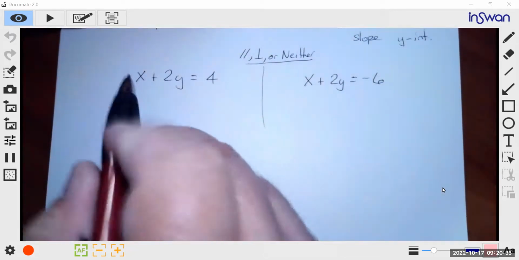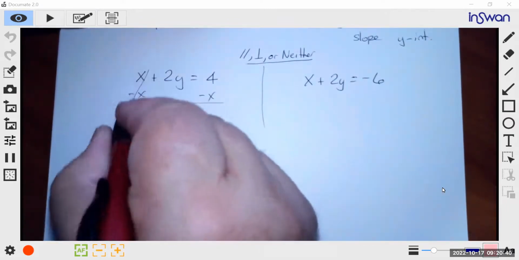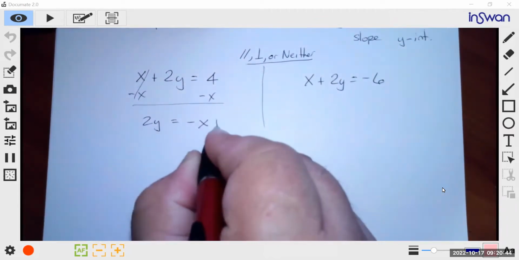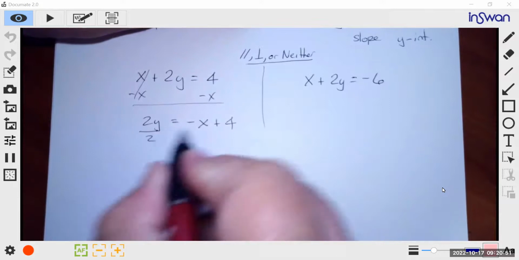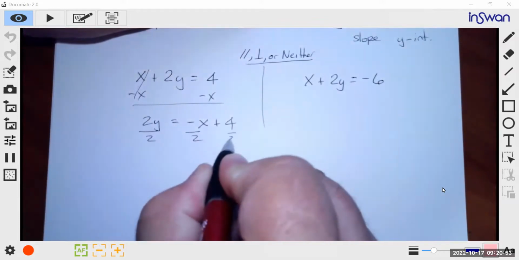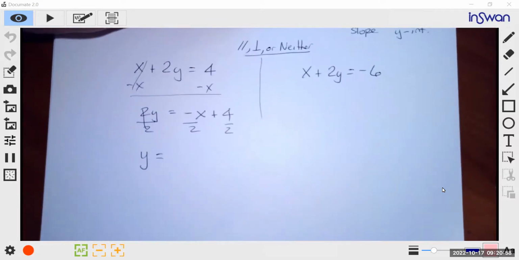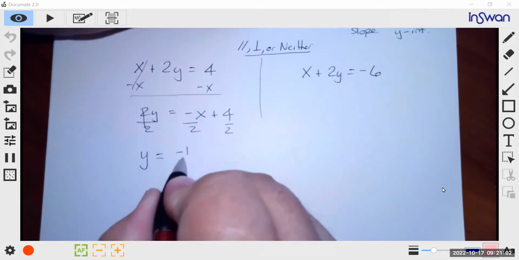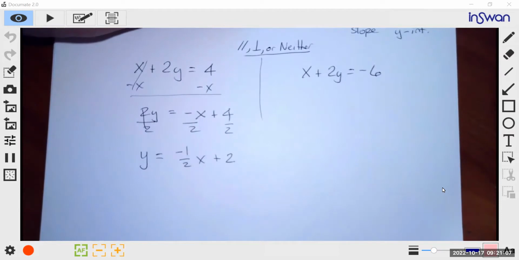So in the first case, we have to subtract x from both sides. -x plus 4. And then divide by 2. So there's a 1 in front of the x, so it's -1/2 x. 4 divided by 2 is 2.